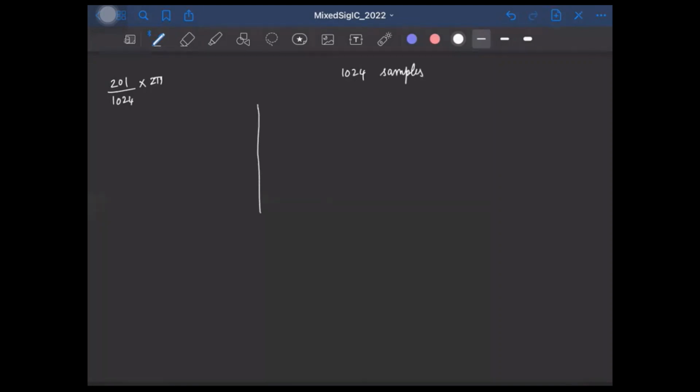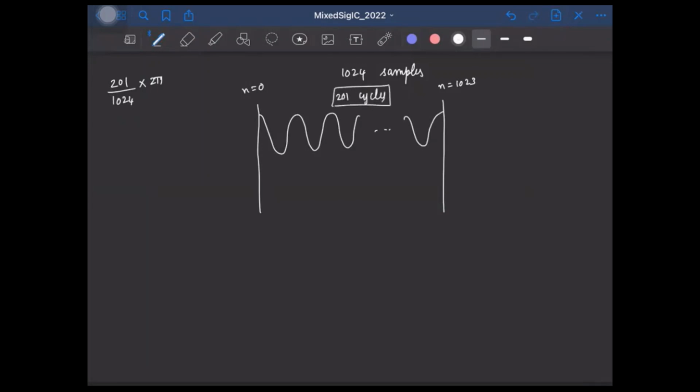Let's say this is my window of 1024 samples. Say this is n equal to 0, and this is n equal to 1023. In this window, how will the sinusoid look? It will be some signal like this, and it will exactly complete a total of 201 cycles within these 1024 samples.